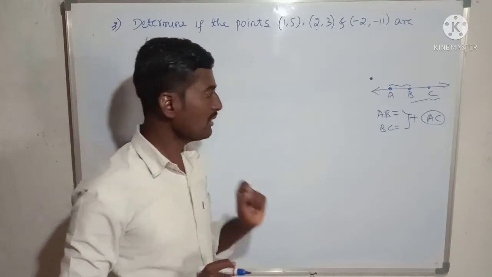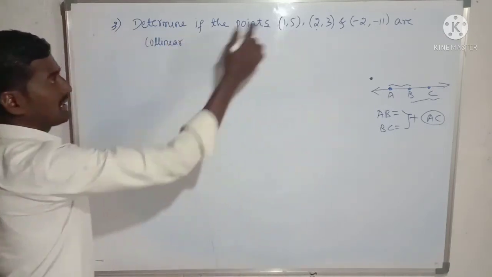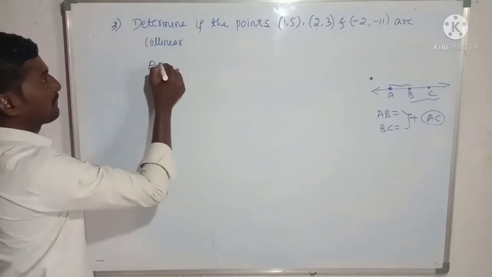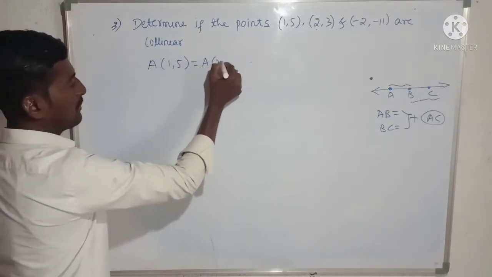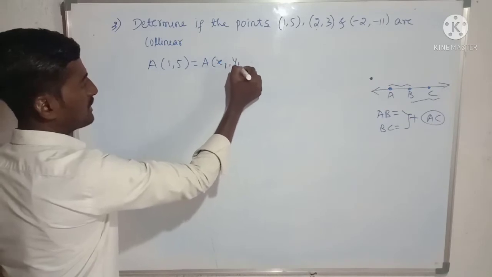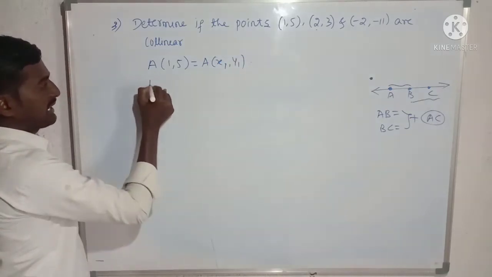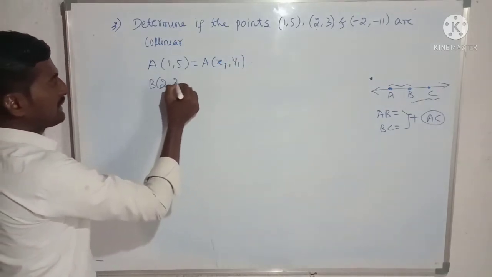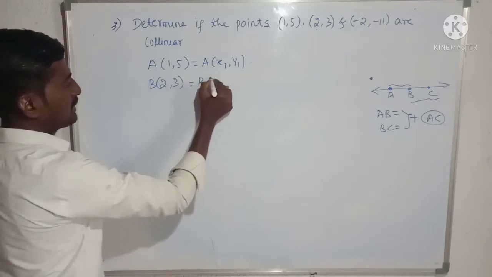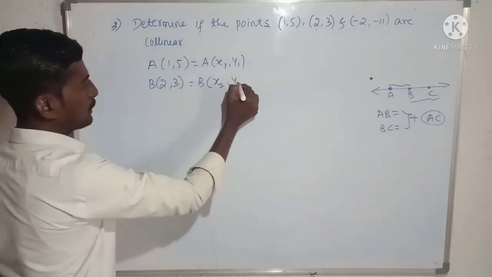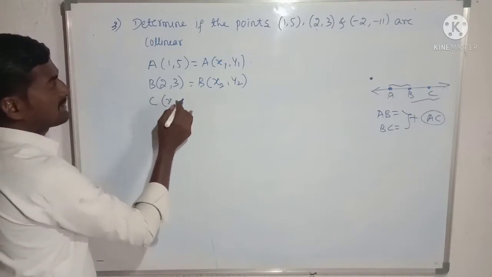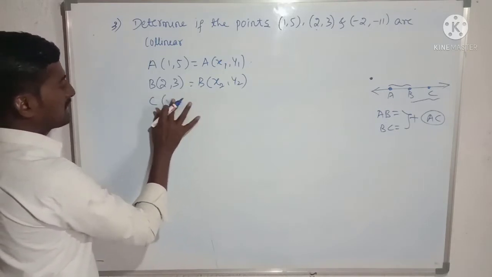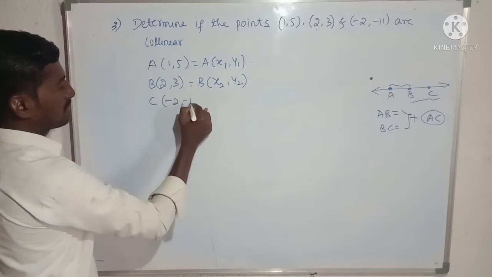Understood? Now, let us take the first point. I will take it as A, that is 1, 5. That is A, x1, y1, the first point. Then second, that is B, 2, 3, that is x2, y2. Now third point, -2, -11.